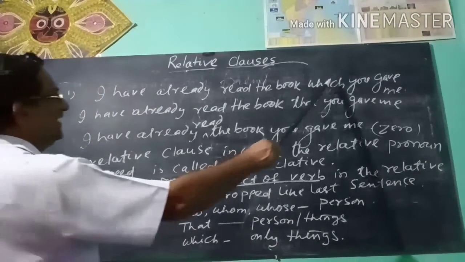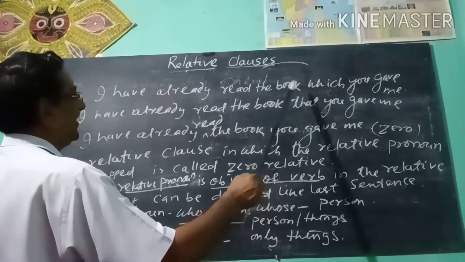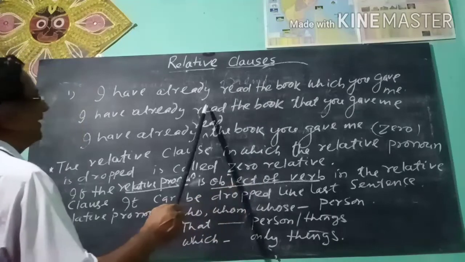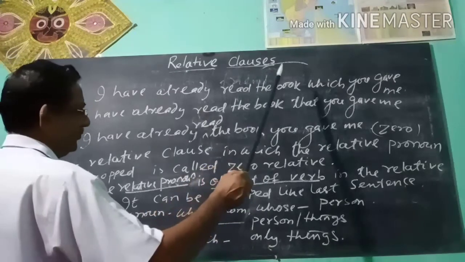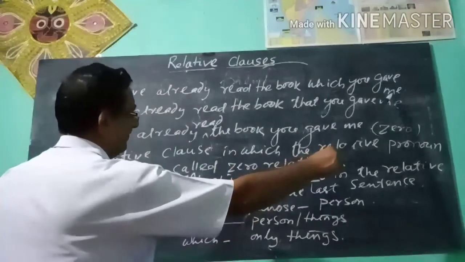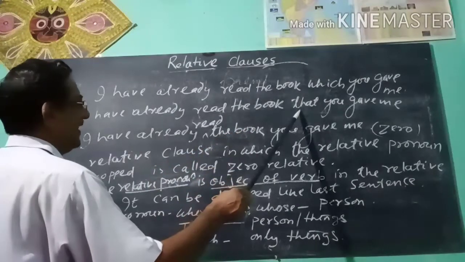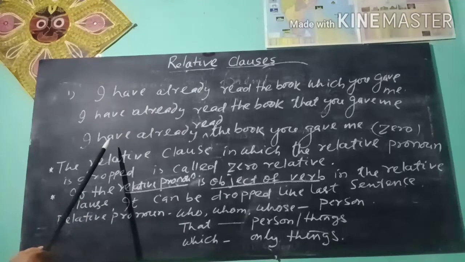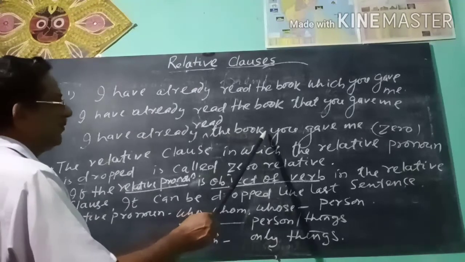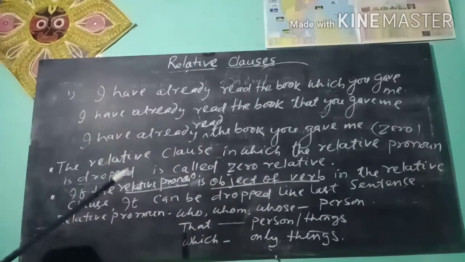Here the relative pronouns which and that are the object of the verb read. What do we read? The book which you gave me. So here the relative pronoun which and that is dropped, like the last sentence.